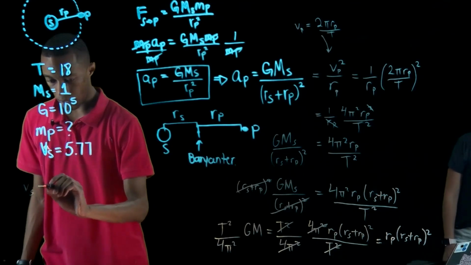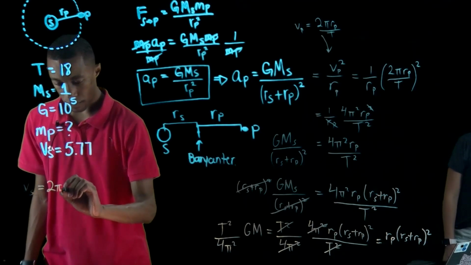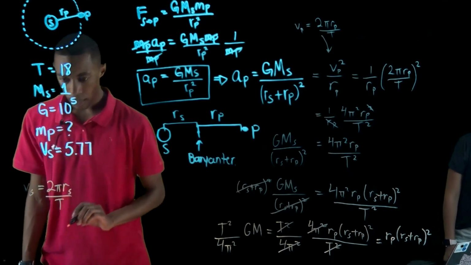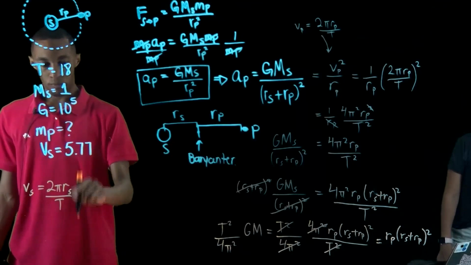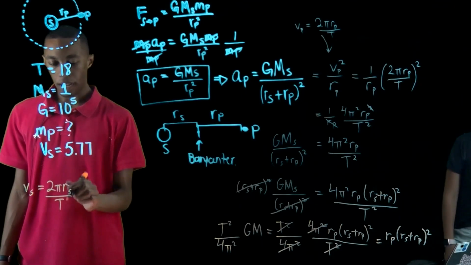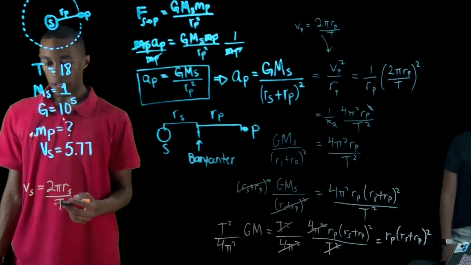Vs is equal to 2 pi Rs over period. And Vs is right here above us. We have the 5.77. 2 pi is a number, and the period we know is 18.